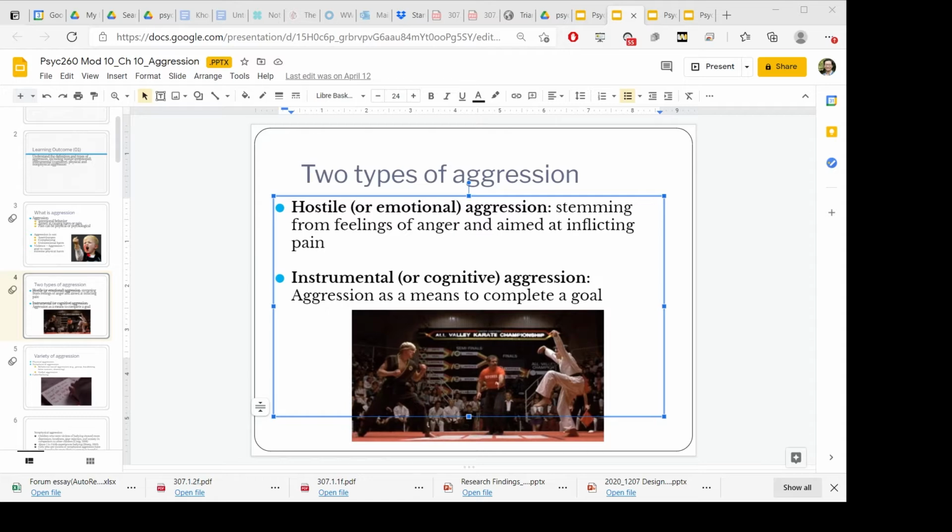Of course, in real life, an act of aggression is often not purely hostile or instrumental. A lot of the time it's a mix of both, though it could lean more to one side than the other. It could be a little more instrumental than hostile.